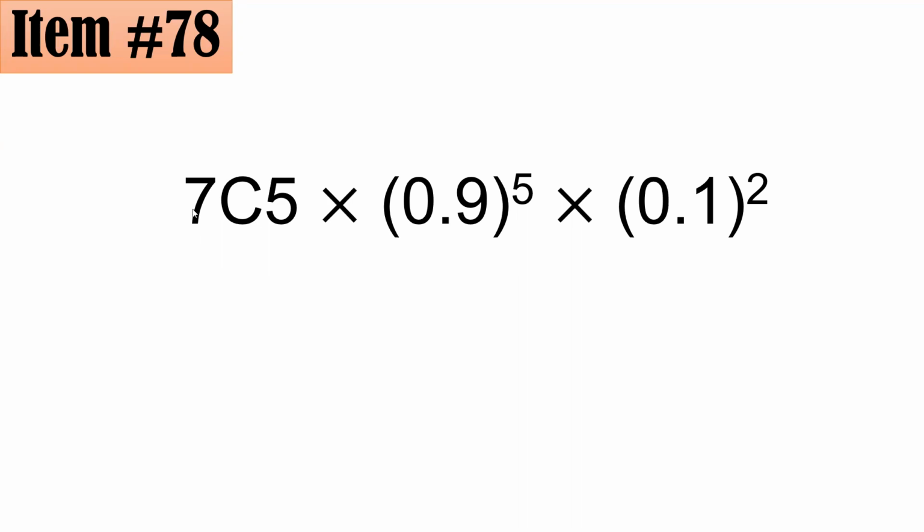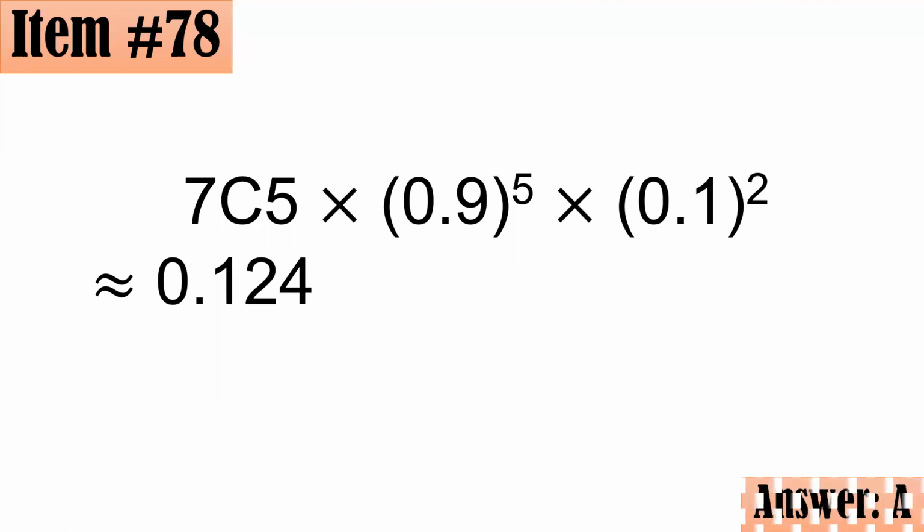That's why we multiply this with 7 combination 5. And if you encode this directly to your calculators, you could actually see it's a decimal, which rounds to 0.124. Letter A po.